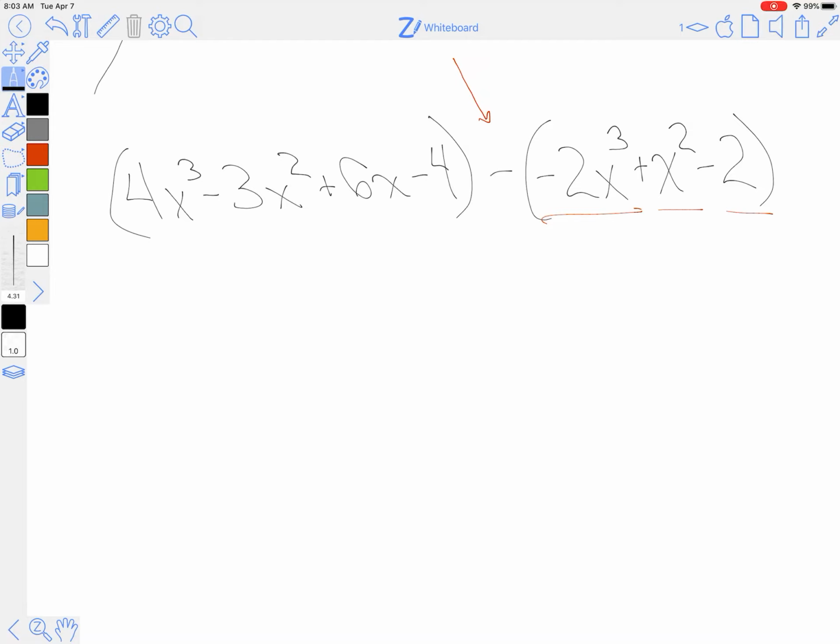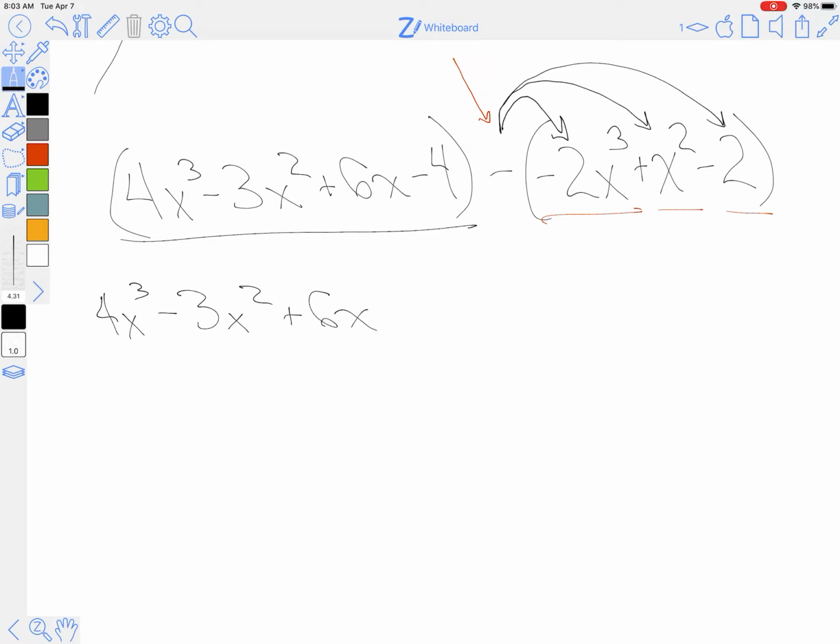So if you remember what I told you about this, anytime you see a subtraction problem, I've told you before it's a great idea to use the distributive property and change the sign on those numbers following the subtraction sign. My first parenthesis is going to stay the same. I'm just going to write that again. 4x cubed minus 3x squared plus 6x minus 4.